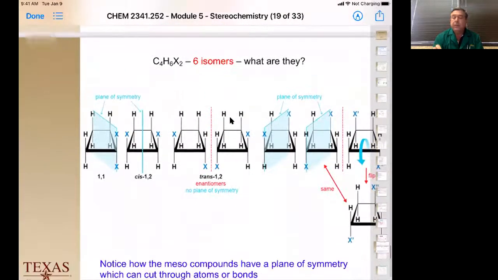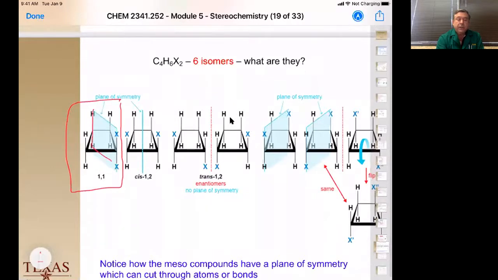The first one is going to be the one with the 2 on the same carbon, right? The 2 attachments on the same carbon. And so we should only have 1 isomer on that because none of these are chiral. And what's also interesting is there's also a plane of symmetry in here. There's not a single carbon with 4 different things bonded to it, and there's a plane of symmetry, meaning that it is a valid isomer, but it does not have chirality.